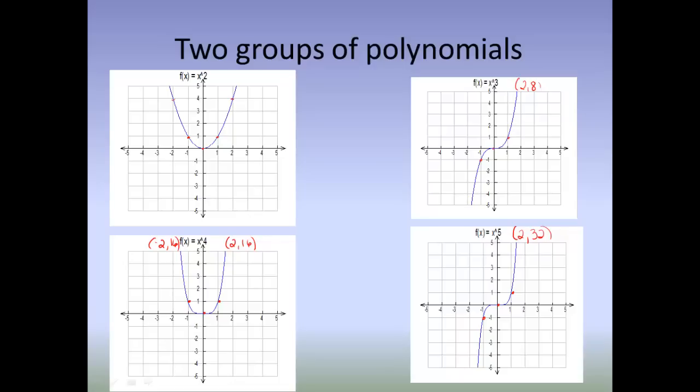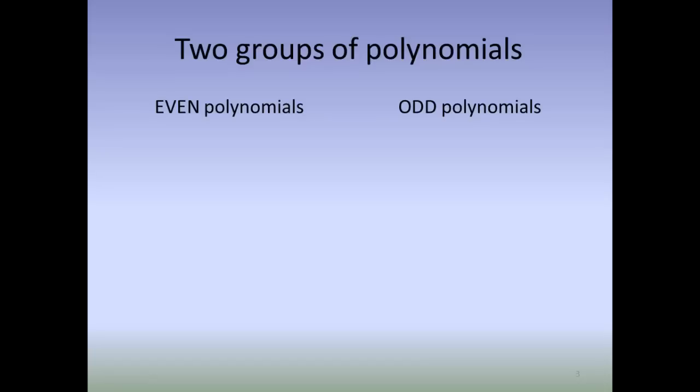These two groups, based on the shapes, one group has parabola-looking shapes, one group has these S-looking shapes, and we actually call them even polynomials and odd polynomials based on their exponents. The even polynomials are going to have parabola shapes. Their domain is going to be all real numbers.